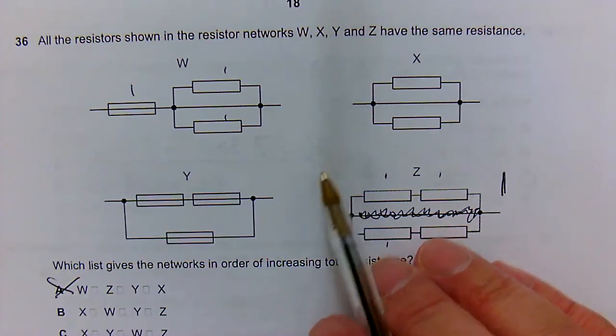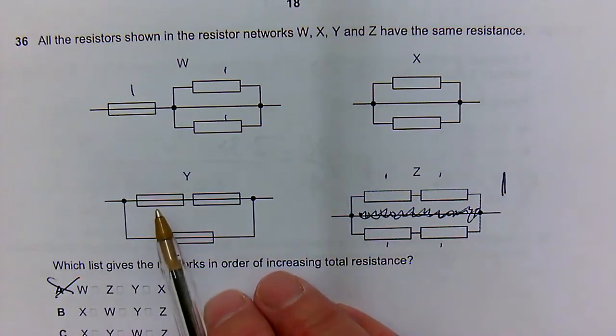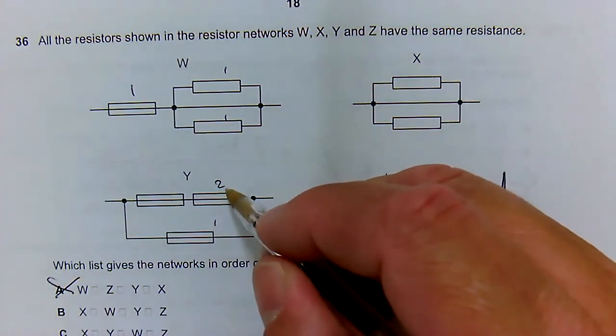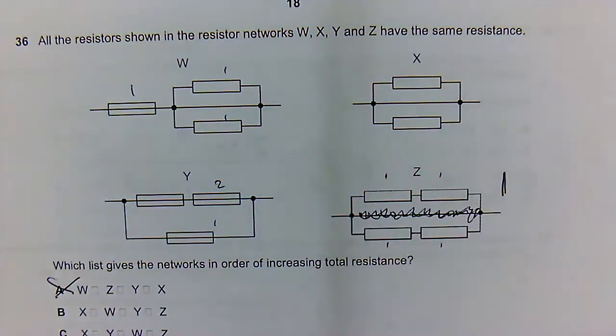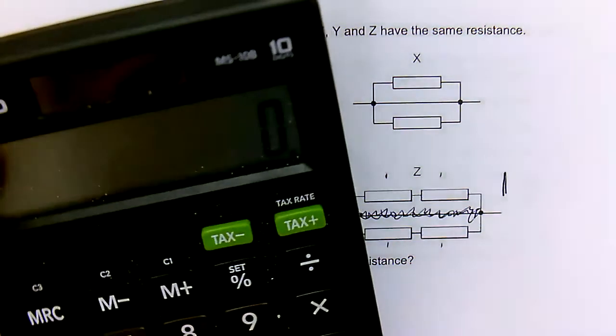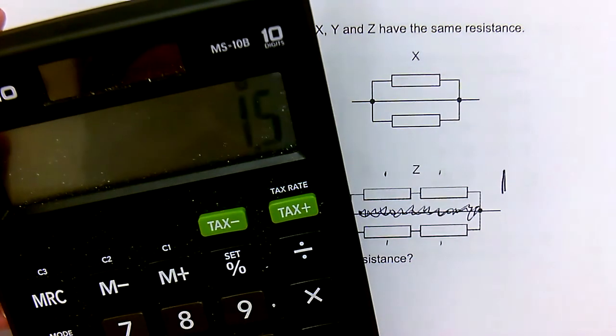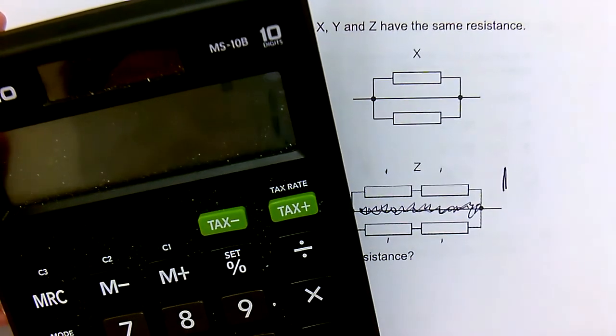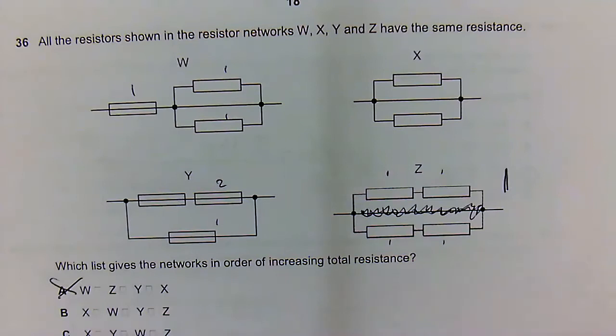Bear with me. This is going to be 2 ohms, and this will be 1 ohm, so this will be a half plus 1, which is 1.5, and 1 over 1.5 is 0.67.